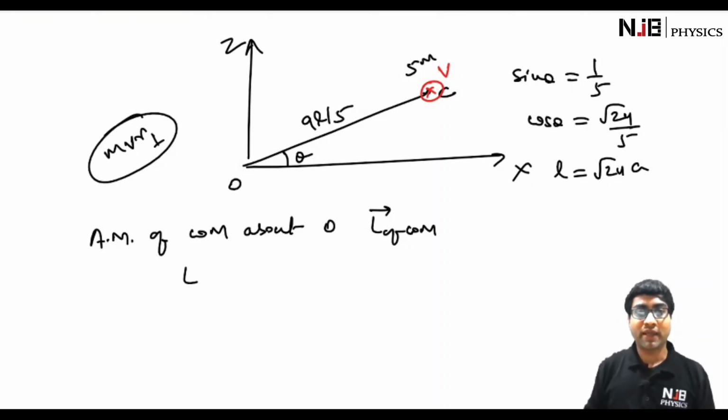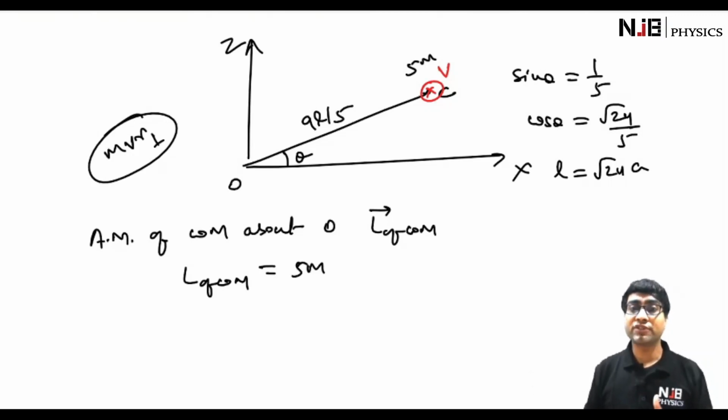So when we write the magnitude of angular momentum of center of mass about the point O, it is going to be m v r perpendicular. M is the mass, which is equal to 5 times m. V is the velocity of center of mass, which we have referred to as velocity v, and r perpendicular is the perpendicular distance of this line of motion, which is into the plane of the paper, from the point O. So you can see that the perpendicular distance to the line of motion from the point O is nothing but 9L by 5.